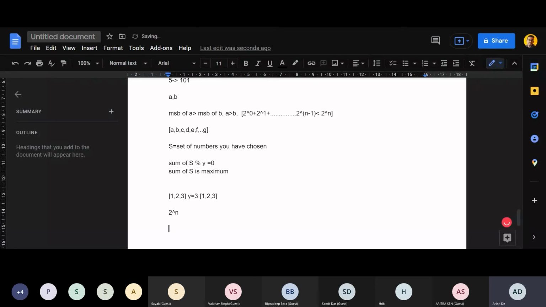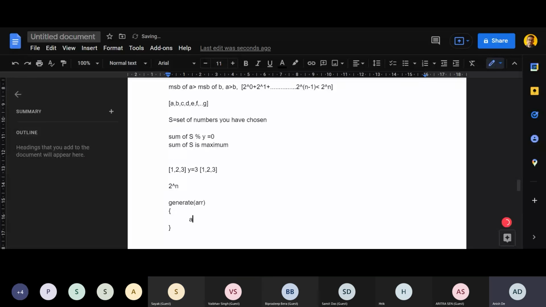If we are using a function generate, and the current array is ARR, then you either include the ith element, that is ARR plus the current element Li, and call the function with this array, or you call the function without including the current number. This will be your recursive approach, right?